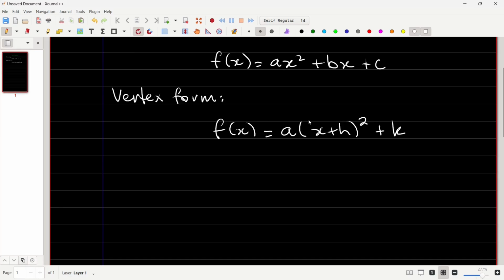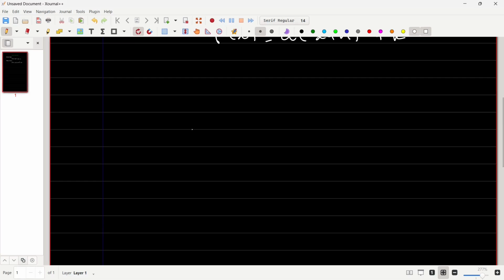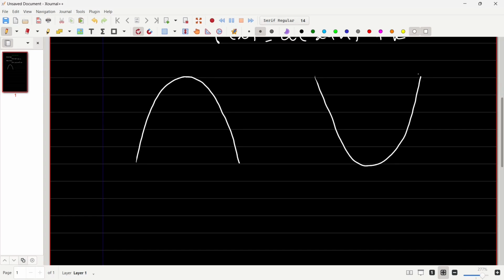Now let's first draw a general form quadratic equation. All right. I'm going to draw the function. So the function can either look something like this, or it could look something like this. All right. Now, when the parabola opens upwards, that happens, as you know, in the instance where a is greater than 0. In the instance where a is greater than 0, the parabola opens upwards, and the vertex represents a minimum point.